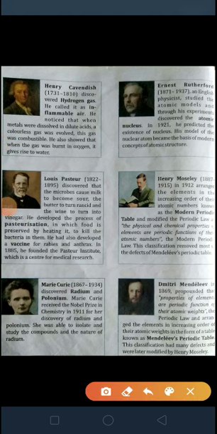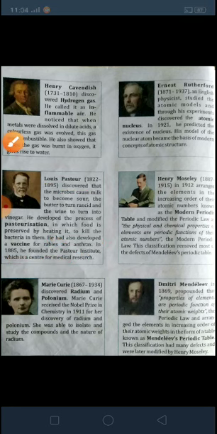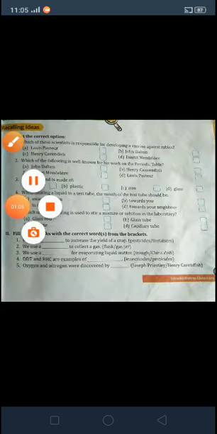As we have read, Louis Pasteur had developed a vaccine for rabies and anthrax. So the right answer is Louis Pasteur. Louis Pasteur is responsible for developing a vaccine against rabies.